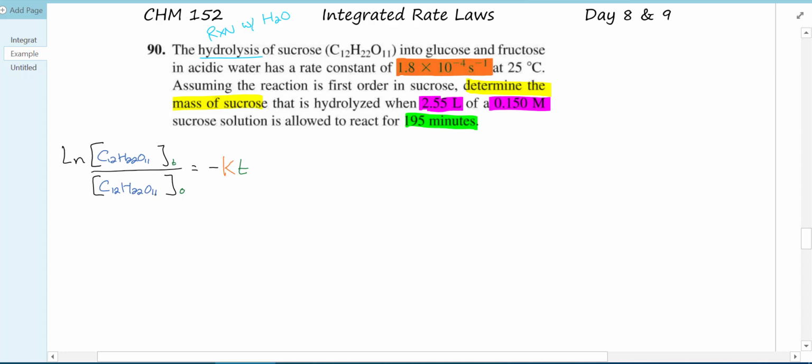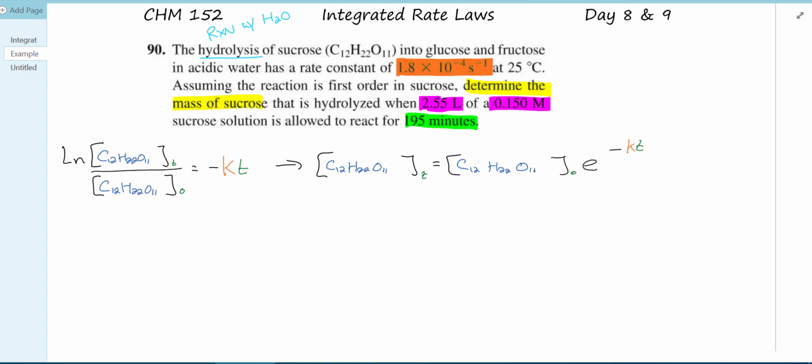Now, I would probably use the E form here. And the reason we would use the E form is because we're looking for how much is left, right? So what do we need to know? Well, I have 195 minutes and K is in seconds, so we're going to have to fix that.